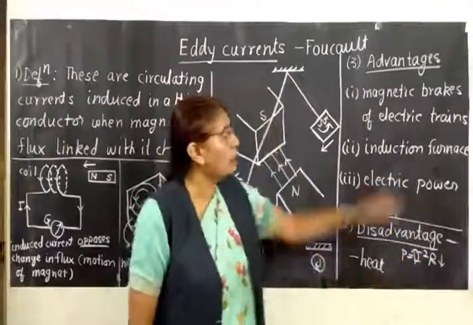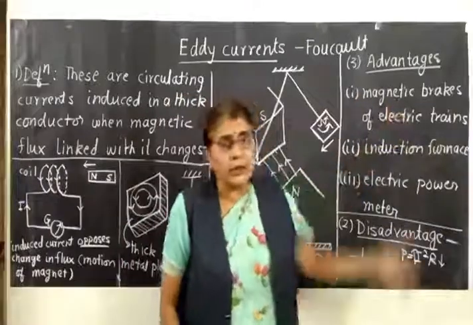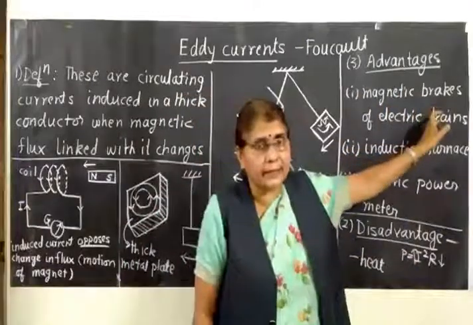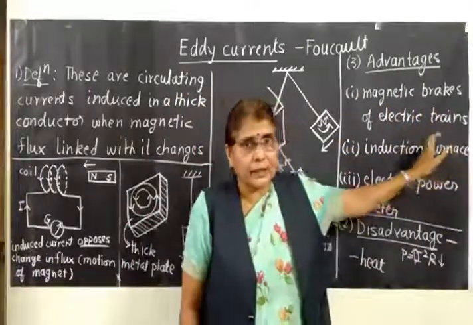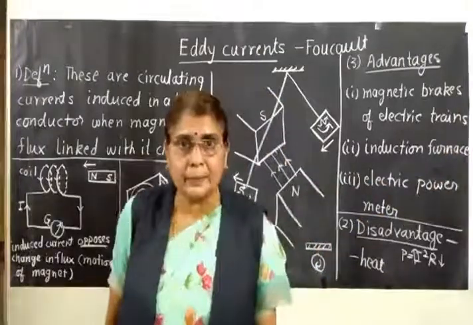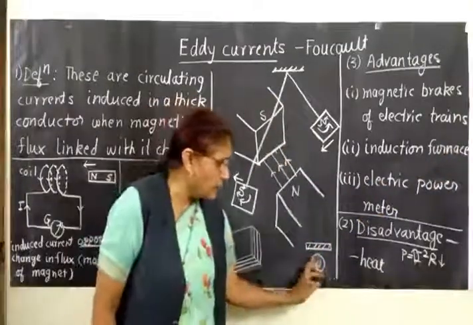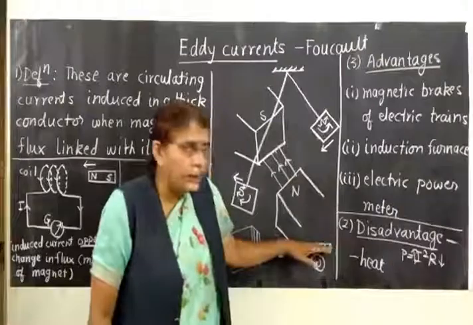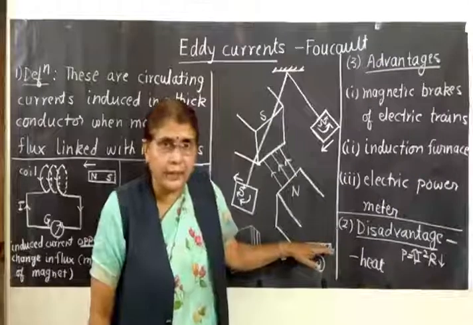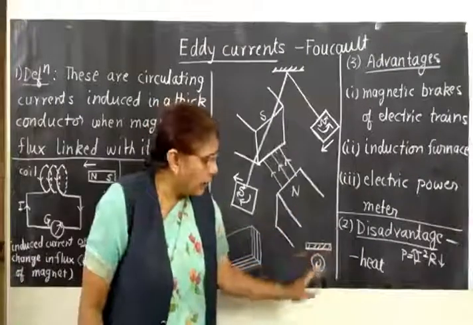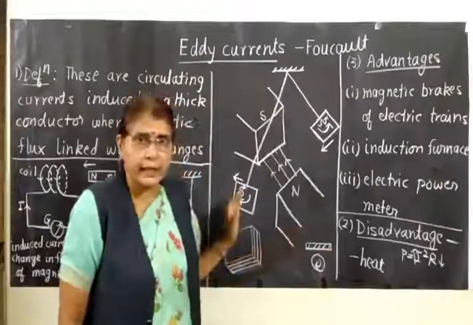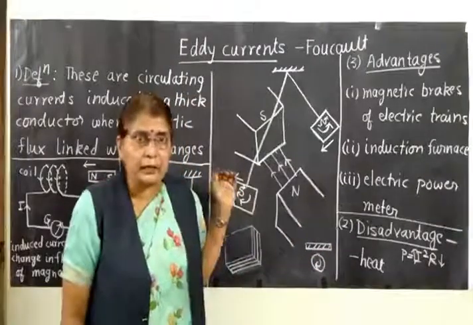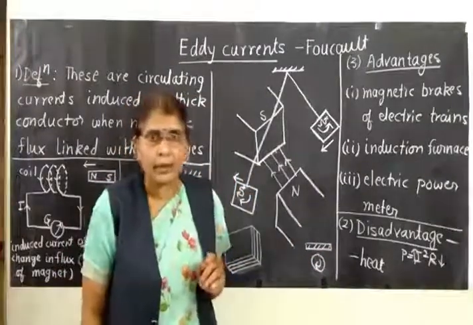Another interesting use of eddy currents is as magnetic brakes in electric trains. So in electric trains, what happens? Suppose this is the wheel of the train, and there is an electromagnet fixed above this wheel. The wheels of the train will be rotating in a particular direction, and the train will be moving. Suppose you want to stop the train, what is done?